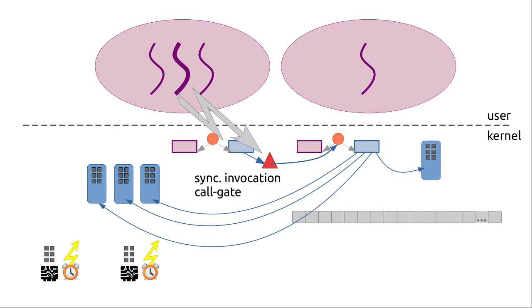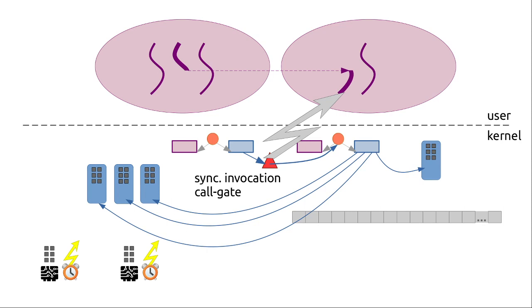So when the kernel finds this call gate, what it will do is trigger an upcall into the component on the right. And as you can see here, something weird has happened. The exact same thread, the exact same schedulable thread, continues execution in the component on the right. Of course, we're using different execution stacks and all that stuff, so there's safety and memory isolation, but the same thread is effectively continuing execution on the right.